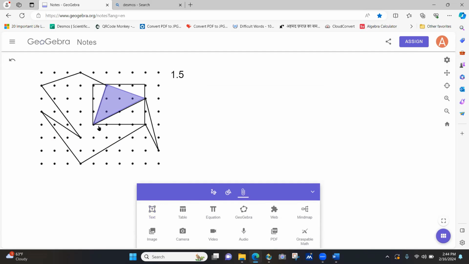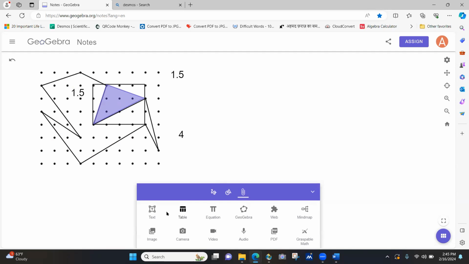This white triangle here is going to be 4 times 2 is 8. 8 divided by 2 is 4. I'm going to write 4 somewhere here. And this triangle is also 3 by 1. 3 times 1 is 3. 3 divided by 2 is 1.5. I'm going to write my 1.5 here. Now, this whole rectangle is 3 times 4 or 12.